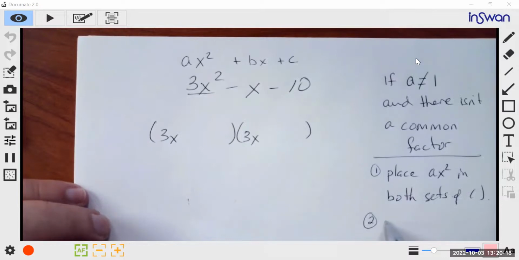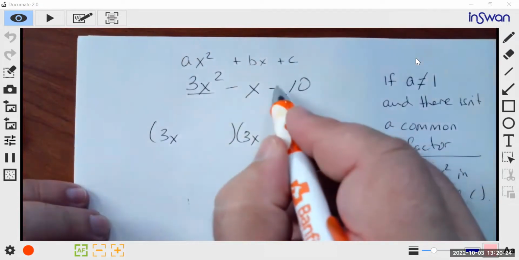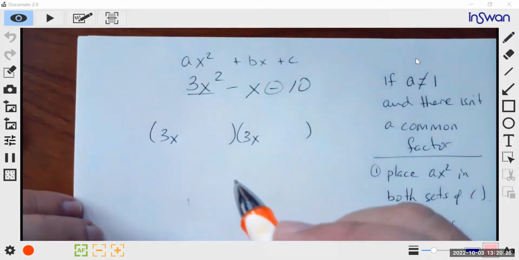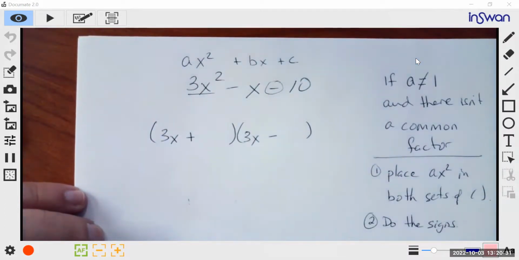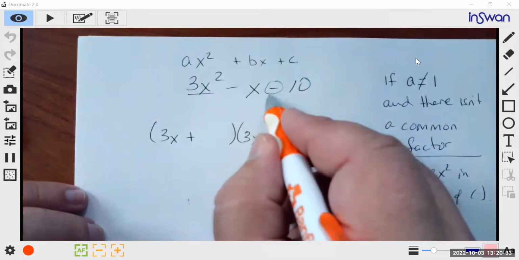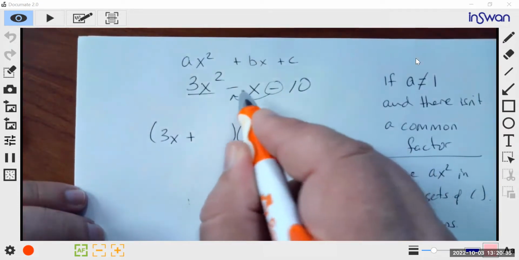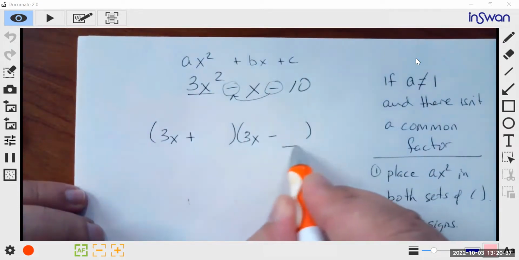Second step. Do the signs. The second sign is a minus, which tells us one's going to be positive, one's going to be negative. The bigger number gets the negative. So the bigger number is going to go there.